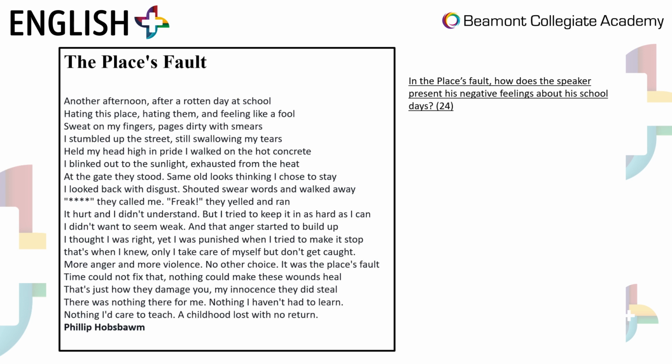So you read it and you think, right, okay. You read the question and the question gives you a clue about what it's about. So in The Place's Fault, how does the speaker present his negative feelings about his school days? So you take that question and you say to yourself, right, it's about somebody's negative feelings about school days.